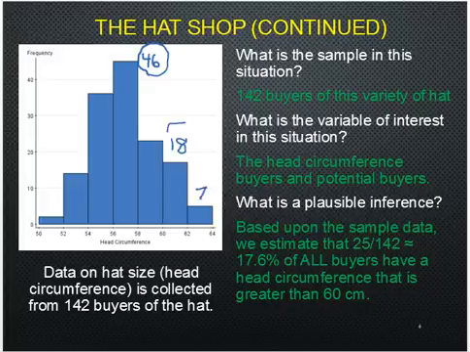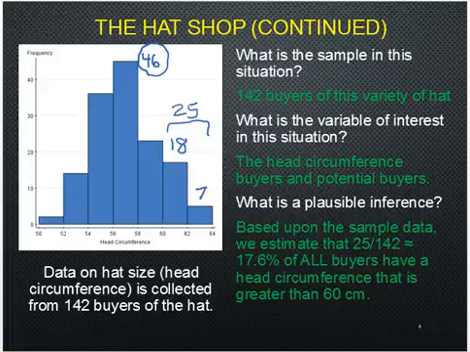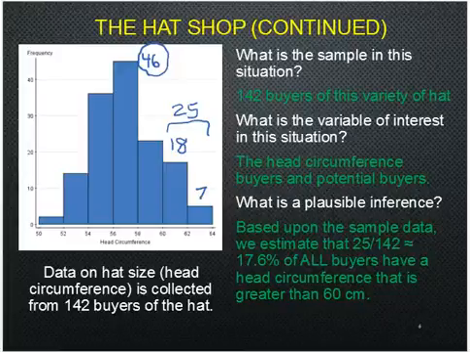So together in those categories there are about 25 individuals. Here's an inference that I could reach. Based upon the sample data, we estimate that 25 out of our 142, which is about 17.6% of all buyers, have a head circumference that is greater than 60 centimeters.